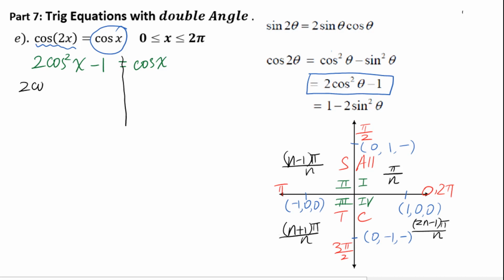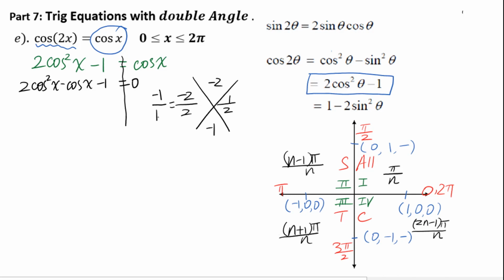We will move cosine x to the left side. You will get 2 cosine square x minus cosine x minus 1 equal to 0. Then we do ninja x. 2 times negative 1 is negative 2. B will be negative 1. For negative 2, I can get negative 2 times 1. Negative 2 add 1 equals negative 1. So reduce.